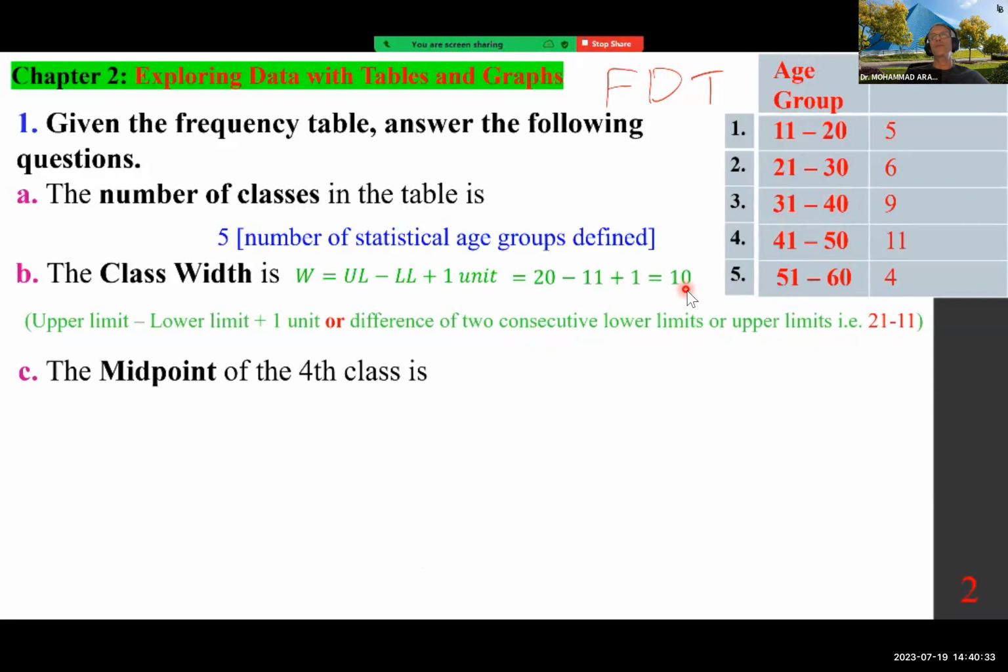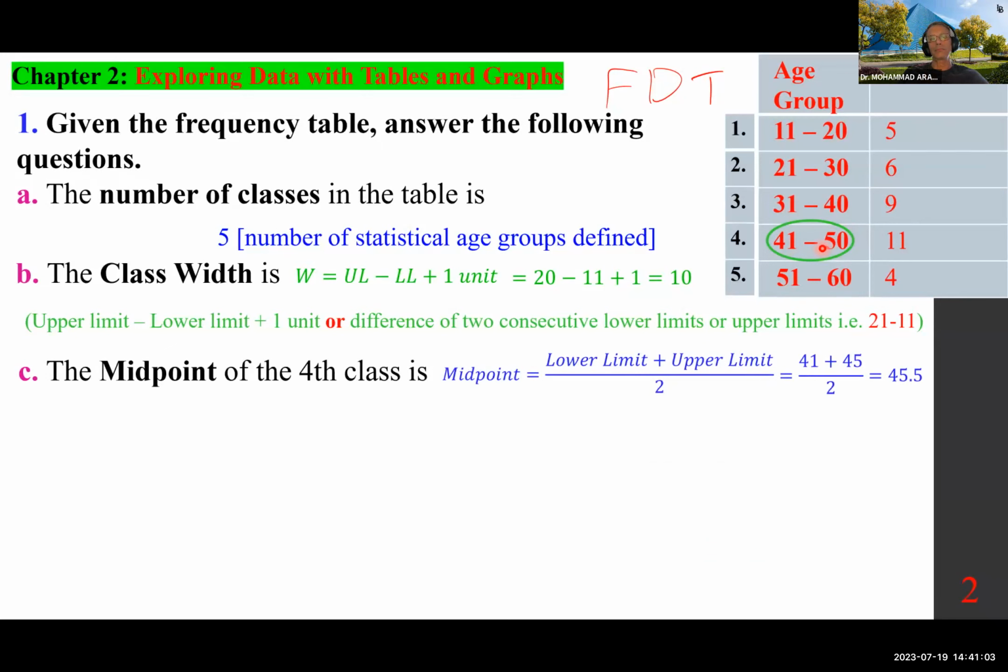The midpoint of the 4th class. So what is the definition or the formula for the midpoint? Lower limit plus upper limit divided by 2. We want the 4th class. This is what we want. So lower limit plus upper limit divided by 2, (41 plus 50).